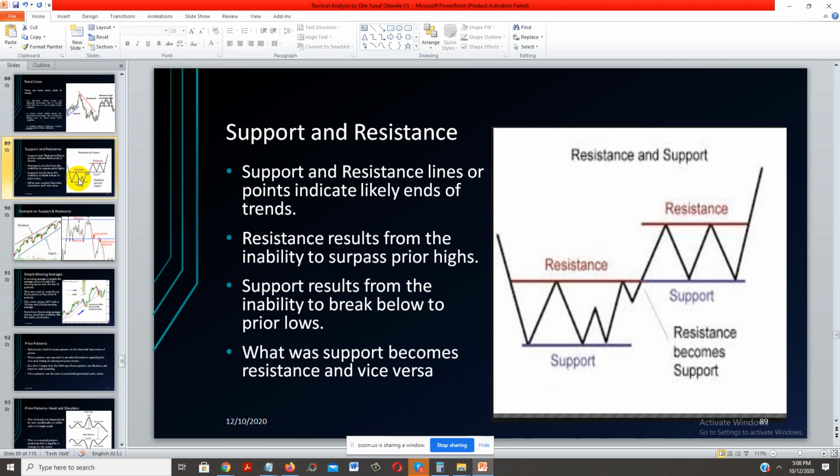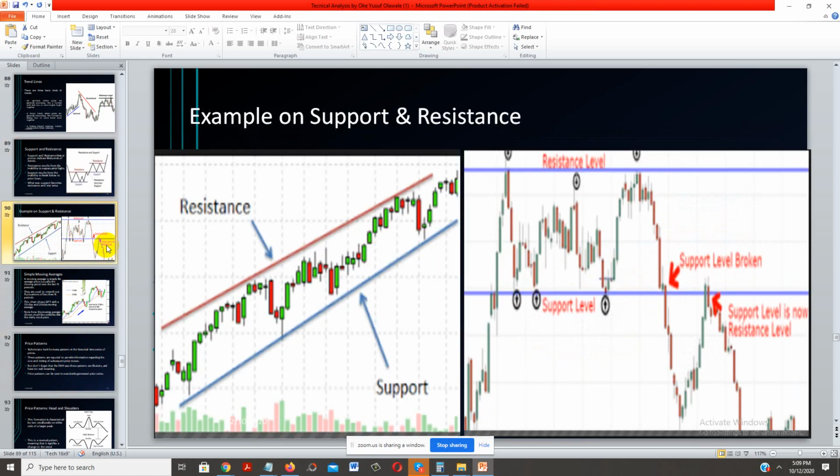What was support becomes resistance and vice versa. We've explained this before. Now with that trend line, you can use it to determine support and resistance. I'll show you how to use it in the chart.